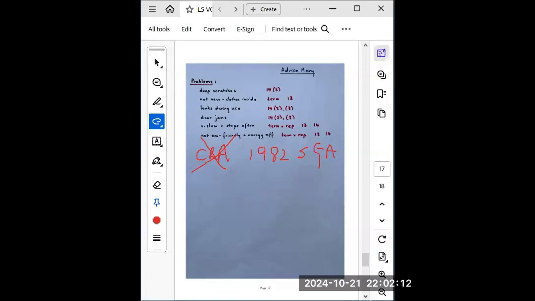I know we haven't covered the 1982 Act yet, but we will. It's our next topic and it comes up every year. So in this question, we're going to put this in the intro and we're going to conclude that, yeah, it is the Sale of Goods Act that applies to this question.